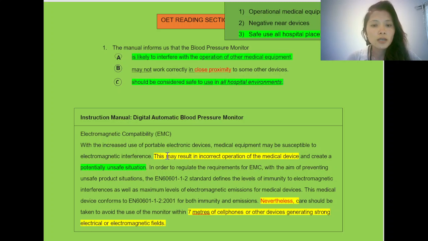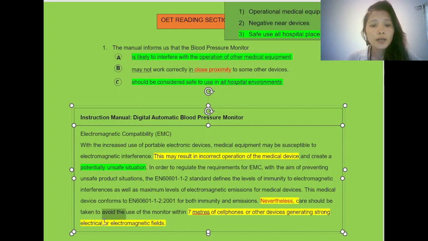May is again a synonym of likely, but the incorrect position is not there in this question. If it were interfering with the operation of other medical equipment in an unsafe situation, then your answer would be A. But since it is not there, it is clearly mentioned. Nevertheless, avoid. Avoid means may not.